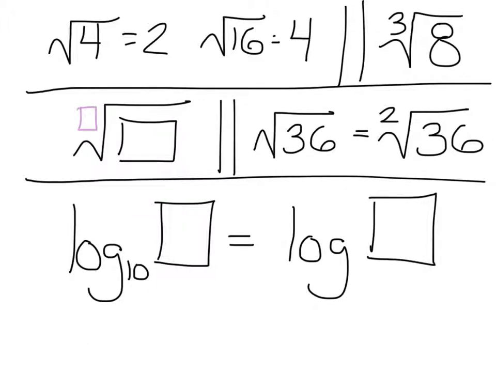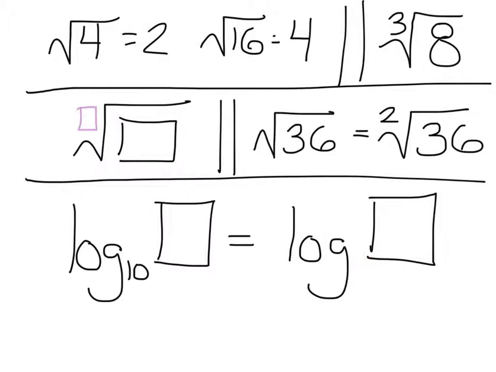But what's the difference between this thing and that thing? Well, over here, we chose not to write the 10, and that's okay. It's perfectly acceptable if you're taking some value base 10 to exclude the 10 from this part of your logarithmic equation.